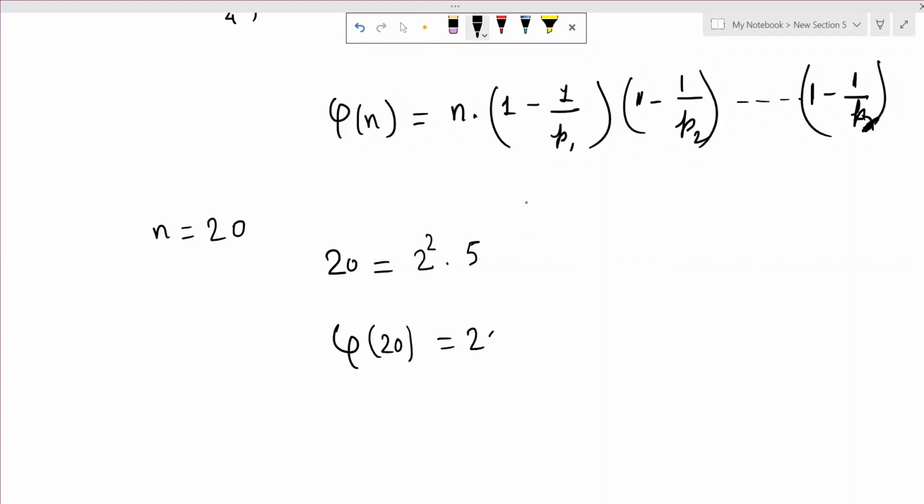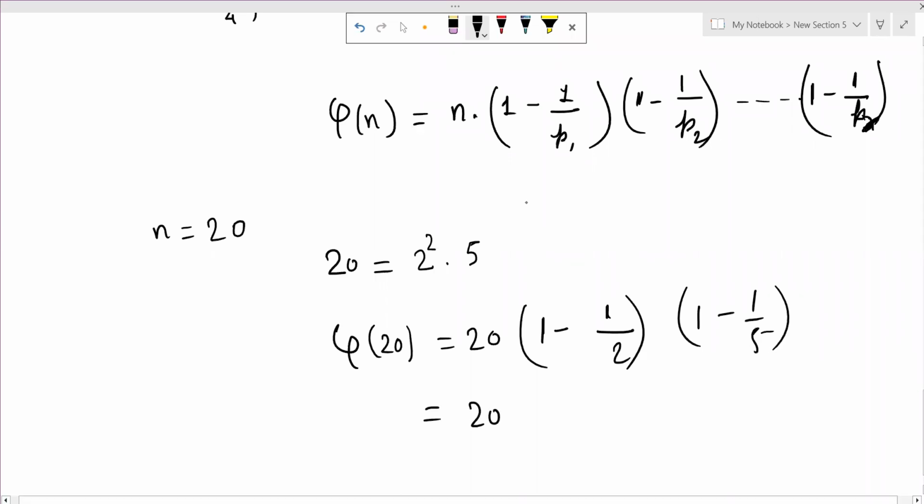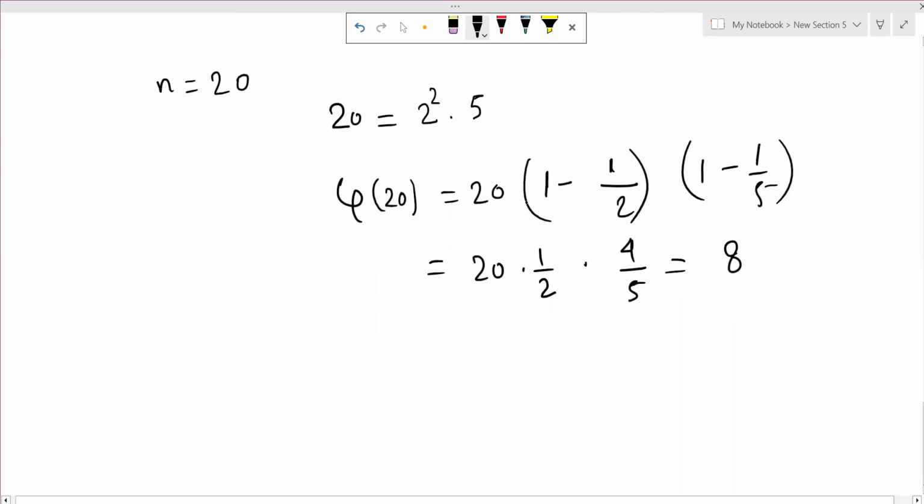It should be 20 times (1 minus 1 over 2) times (1 minus 1 over 5). So that is 20 times 1 by 2 times 4 by 5, which is 10, then 8. This is 8.